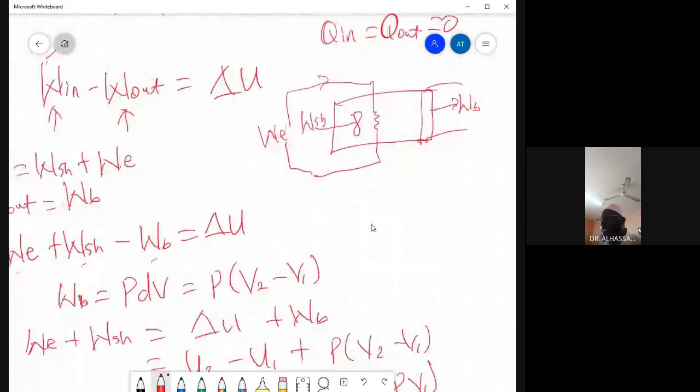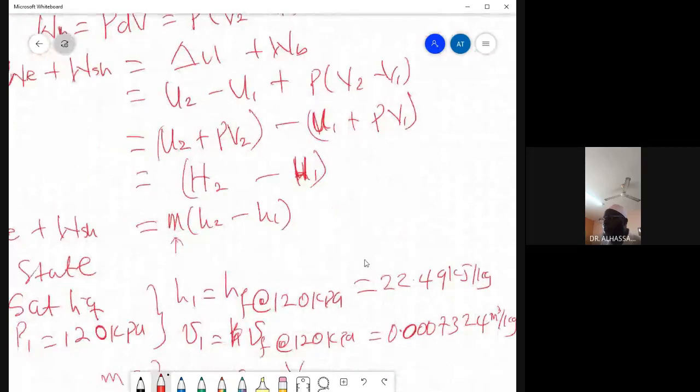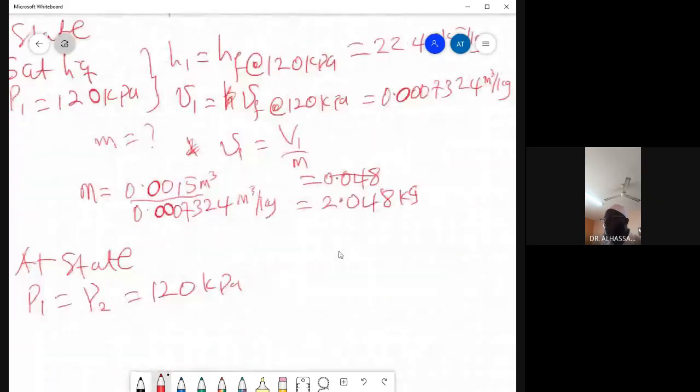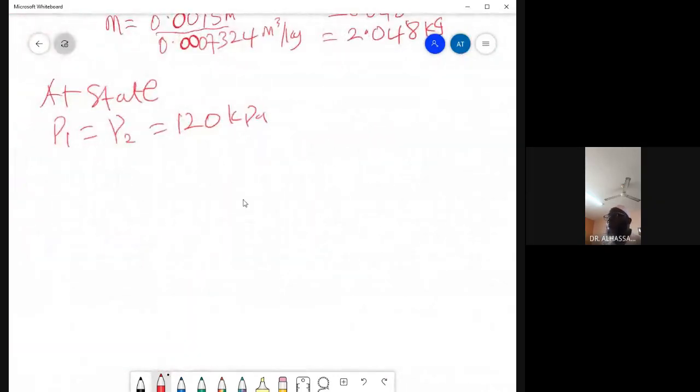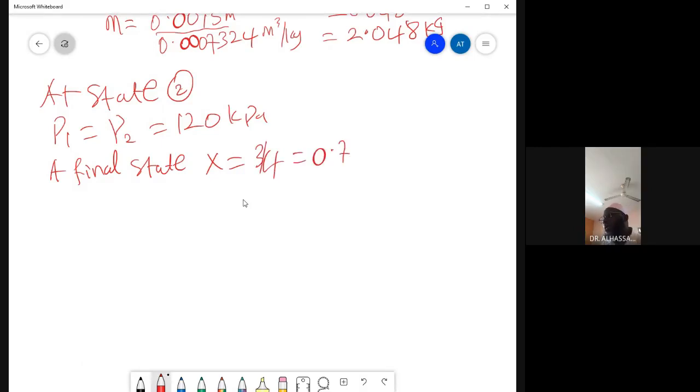So at the final state, yes, this is state 2. At the final state, the value for x equals 3/4, which equals 0.75.